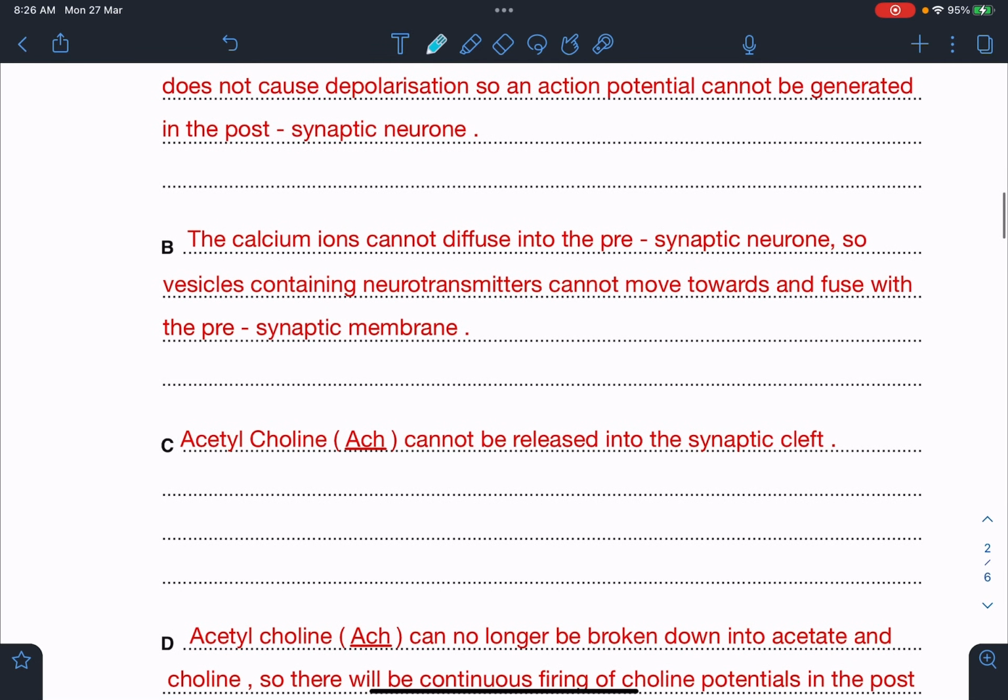When calcium channels are blocked, calcium ions cannot diffuse into the presynaptic neuron.